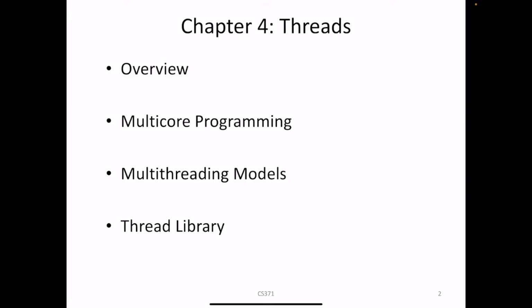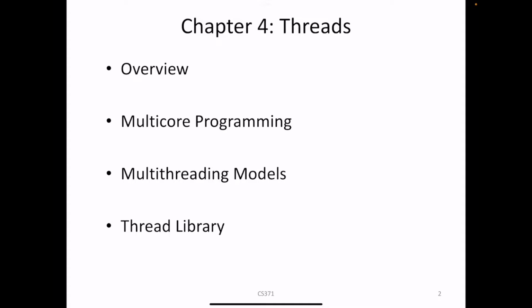In this chapter, we are going to talk about the fundamental unit of CPU utilization, which is threads. And also, thread is the basis of multi-threading computer systems. In particular, we are going to talk about what is a thread and what is the relationship between process and thread.